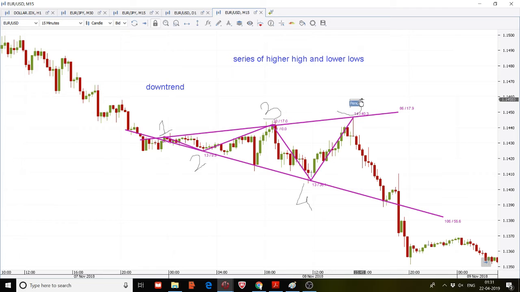So as soon as we get a 5th point, we can open a short position.